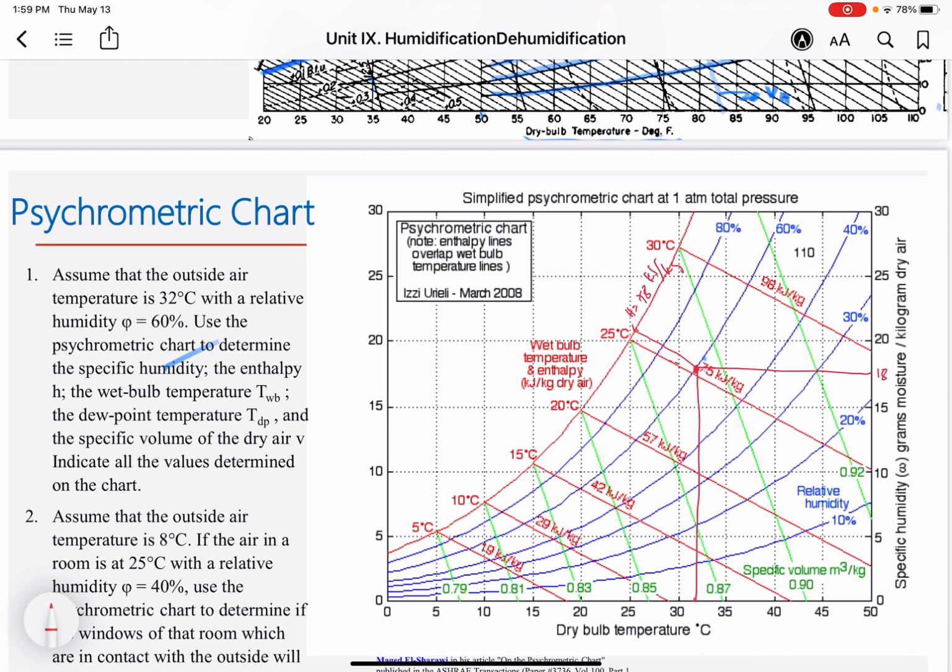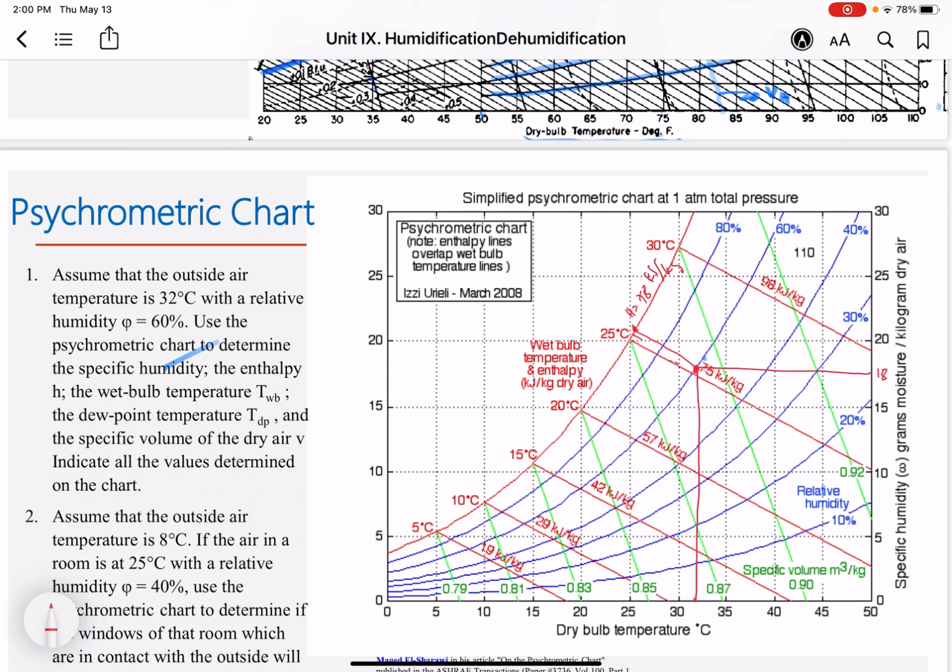Now, if I want to get the wet bulb temperature, the wet bulb temperature is the line here. So, if this is 25, lagpas ng konti rin ang 25.